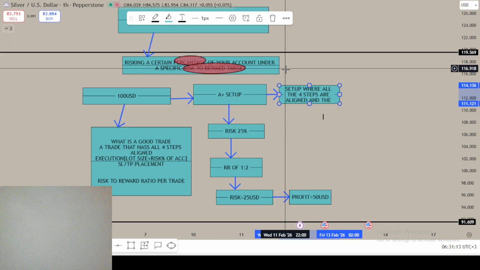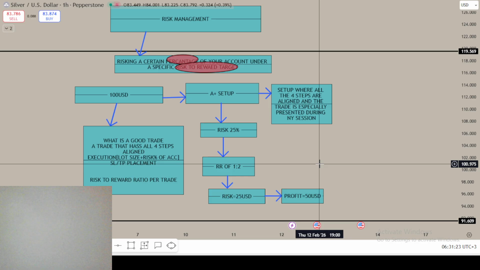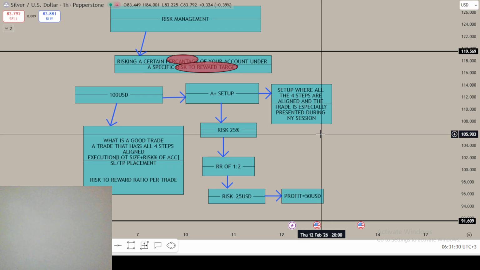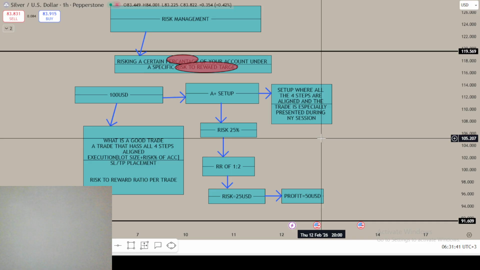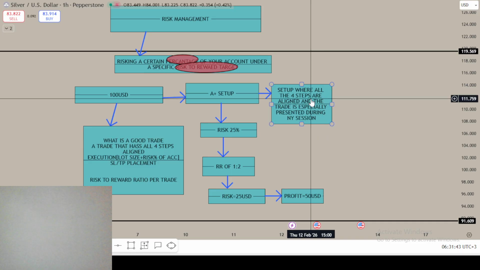Now, if for example today we have an A plus setup, and I've risked 25% of the account, then tomorrow we have a setup where it's not an extremely good setup, it's not picture perfect. Like simply an A plus setup is where all the four steps are aligned.